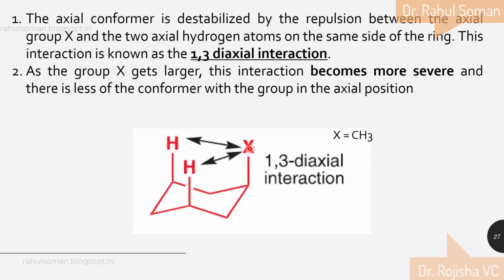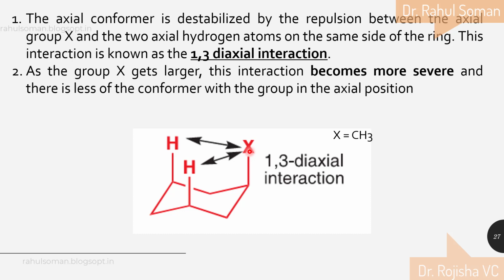As we know, this steric interaction will destabilize, or make the molecule not stable. So the CH3 substituent is not preferring to stay on the axial bond, or the beta bond, because of this 1,3 diaxial interaction. So for the monosubstituted cyclohexane, usually the preferred conformation is where the substituent is on the equatorial bond.